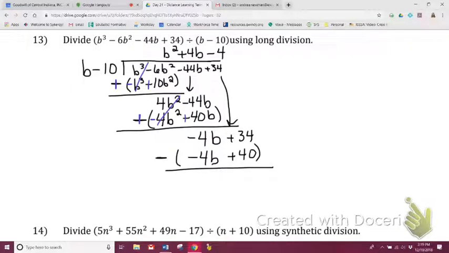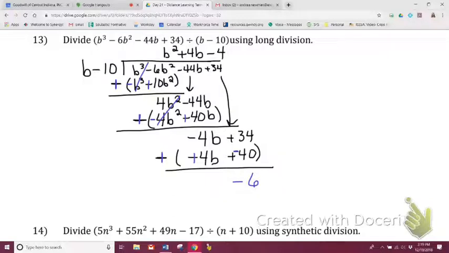Keep that top row the same, change your subtraction to addition and all the signs in your parentheses. Now my 40b's will cancel because one's positive and one's negative. Now I have 34 minus 40, which is negative 6. So your remainder is going to be that negative 6.